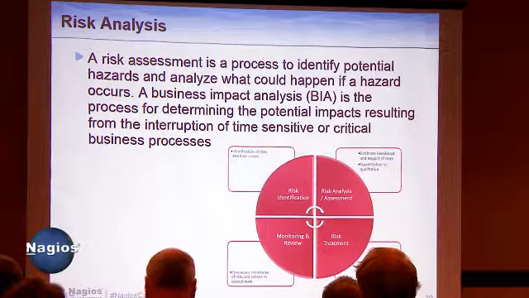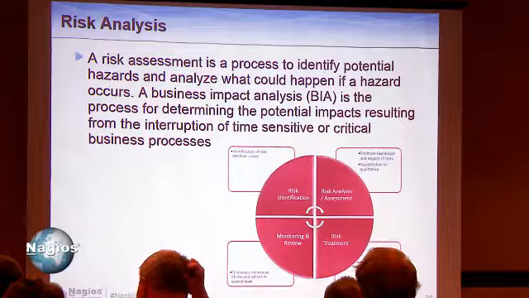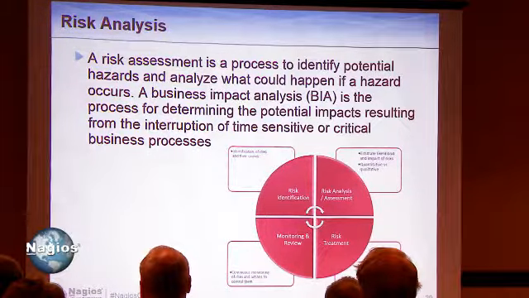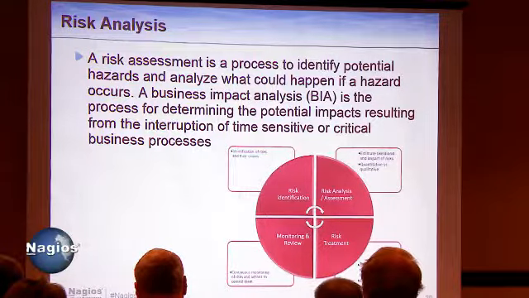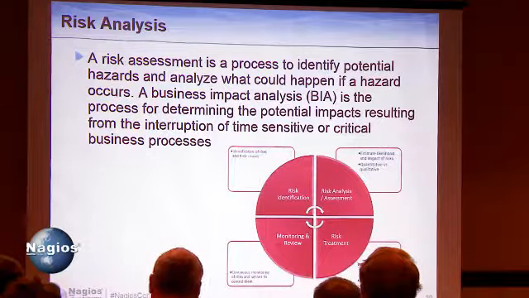It's a process that identifies potential risk inside the company and works together with the BIA for interruptions or sensitive critical information in the business process. We can do identification of risk and their causes, risk identification, risk analysis, monitoring and review, risk treatment.